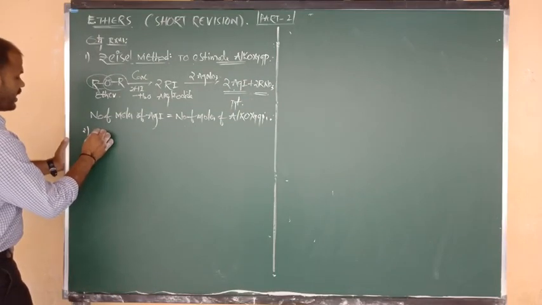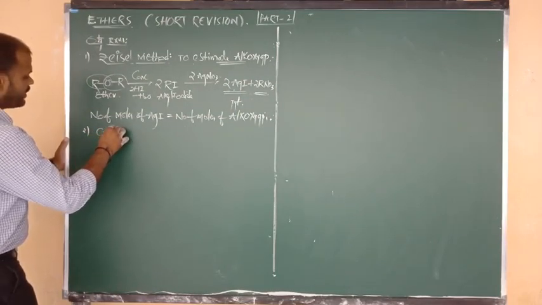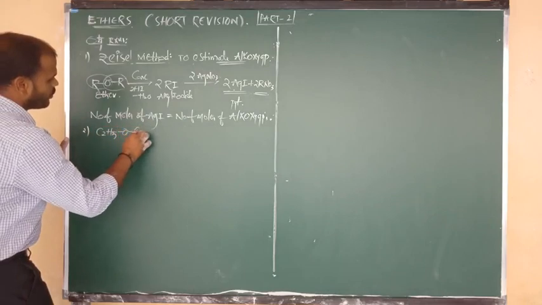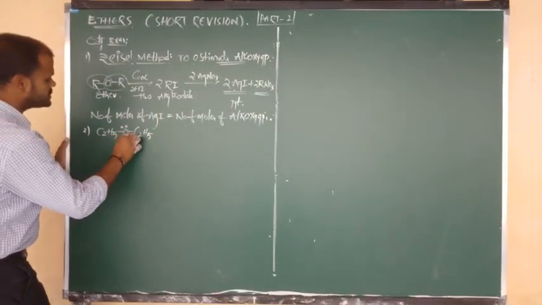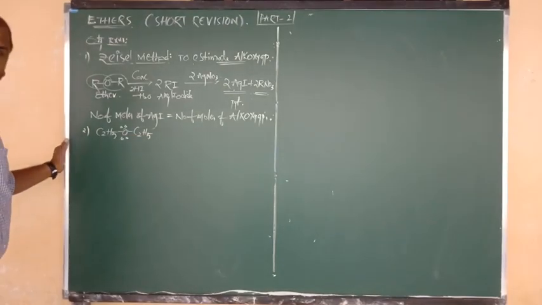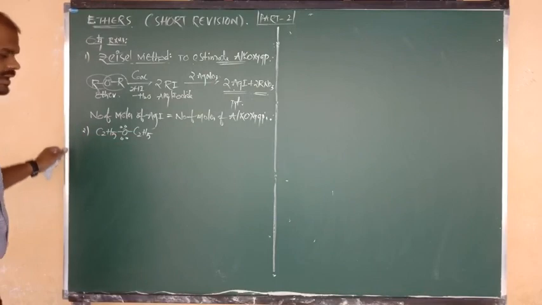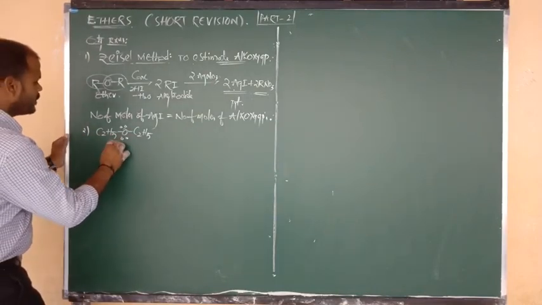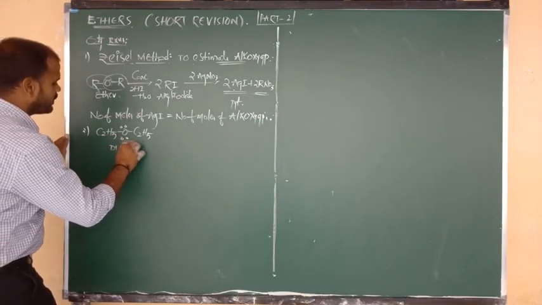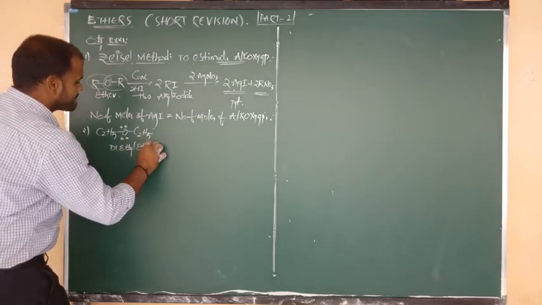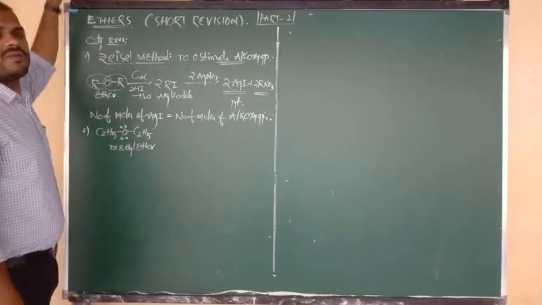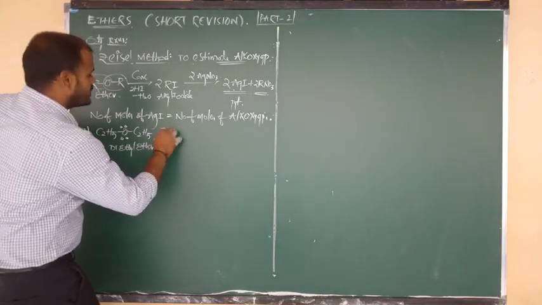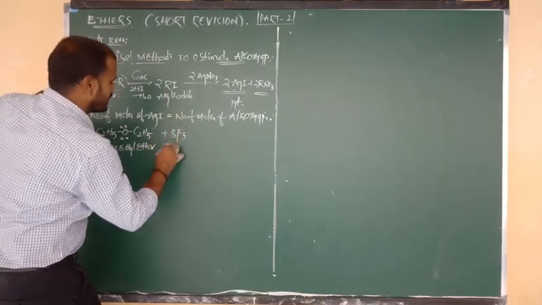Suppose here I want to write C2H5 bonded to O, again O bonded to C2H5. Here the oxygen always contains 2 lone pairs. 2 lone pairs will always be on the oxygen atom of the ether. So the name of this reactant is nothing but diethyl ether. Diethyl ether is going to react with an electron deficient compound, a Lewis acid, that is BF3.